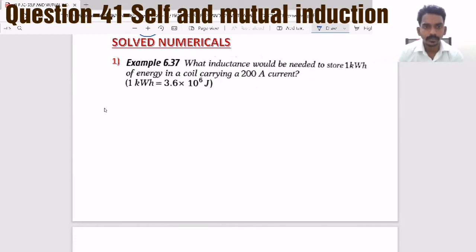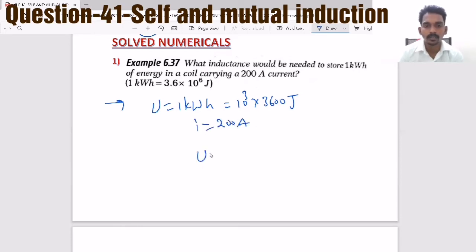Now here, what inductance would be needed to store 1 kilowatt hour energy? So the energy is 1 kilowatt hour. Kilo means 10 power 3, hour means 3600, so joules. In a coil carrying current, the current is 200 ampere. So U equals half L I square.